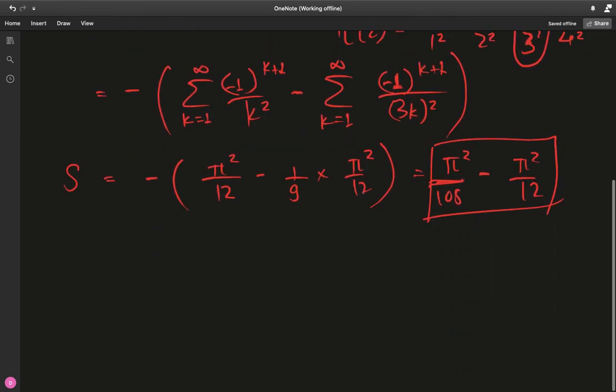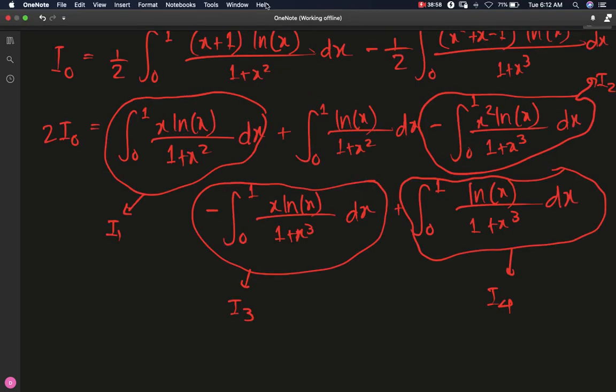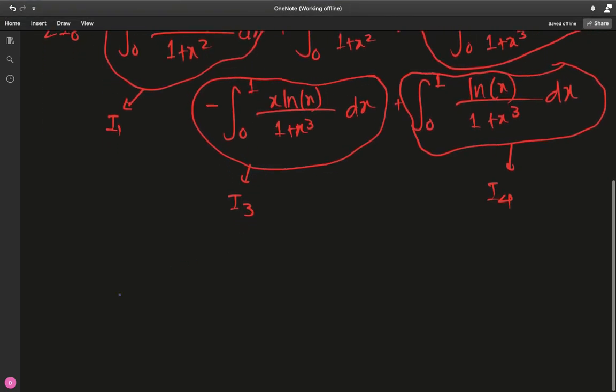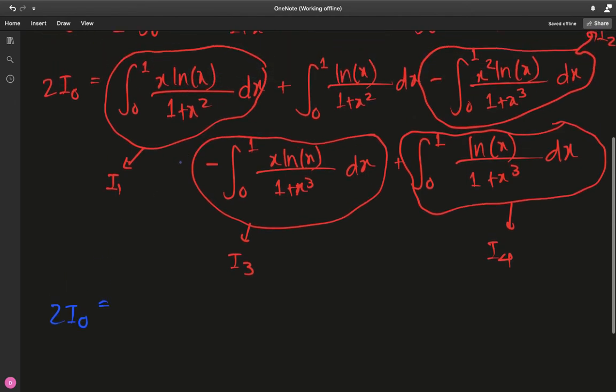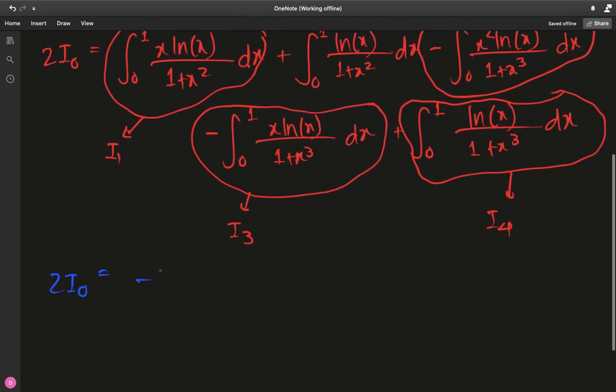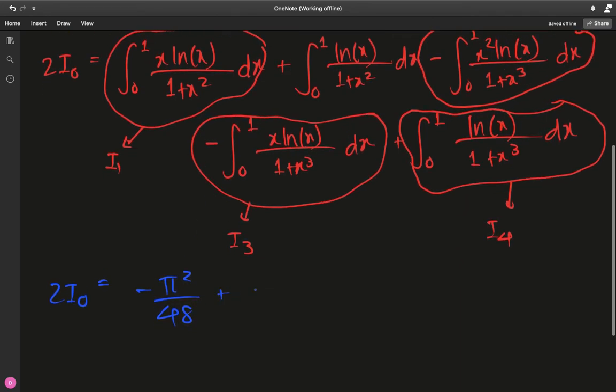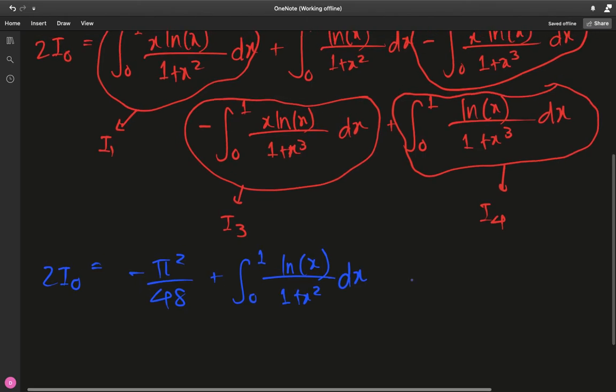So now let's plug everything back into our 2I0 equation. So I1 turned out to be negative pi squared over 48, and then this second integral is as it is, and the reason I'm not evaluating this will be evident to you in a few minutes.